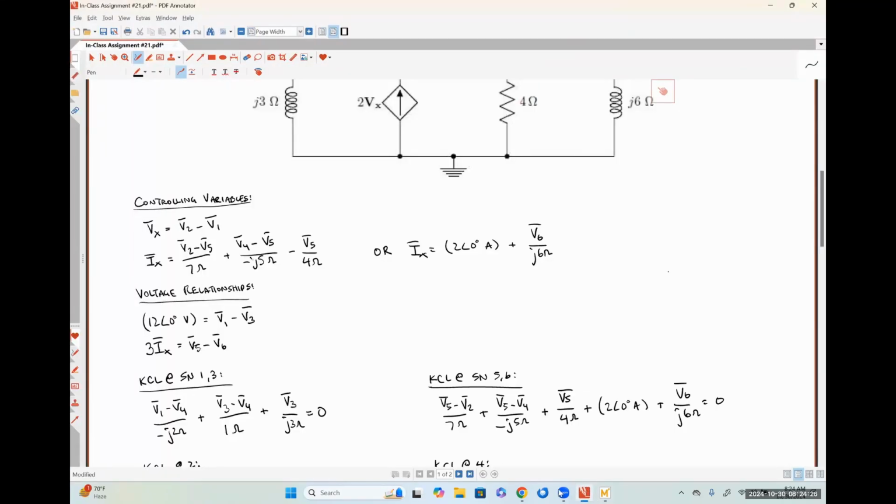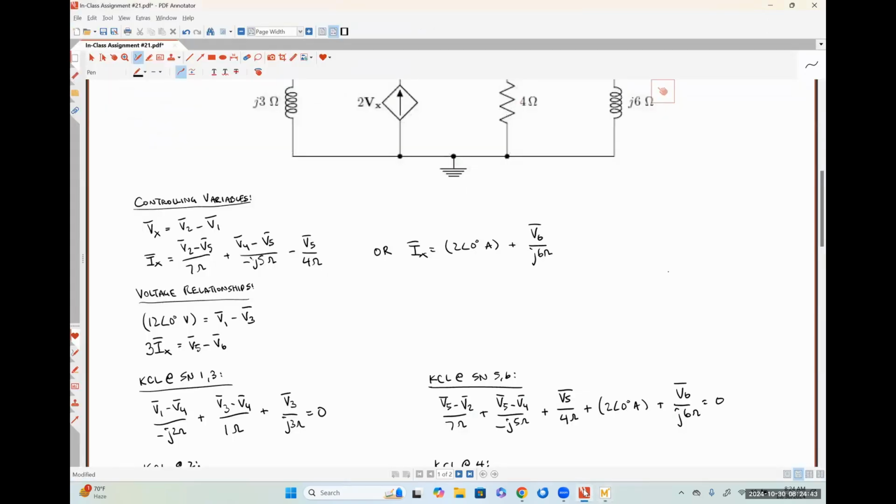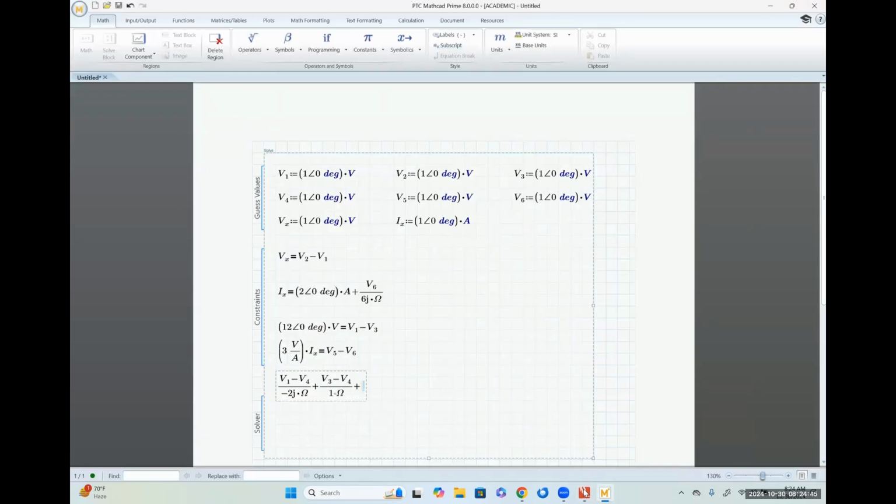My next term is V3 minus V4 over 1 ohm. And my next term is V3 over J3, so 3J times an ohm, and control equals to 0.